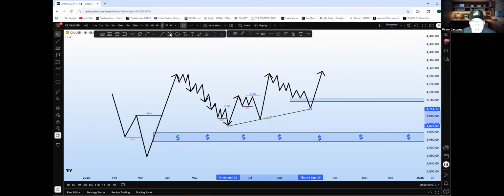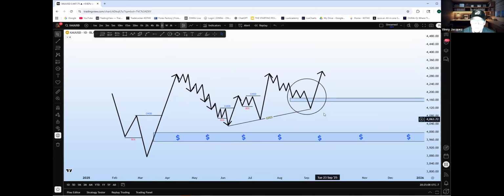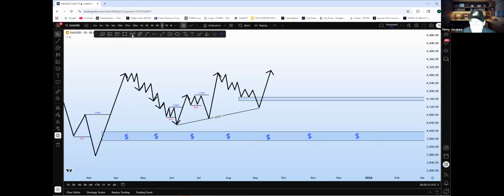But you know what I have right now at this moment in time? I have confirmation of a continuation to the upside right here. So how do I play this? I continue with the bullish bias. This is my right shoulder, but it's now the head to the next setup.